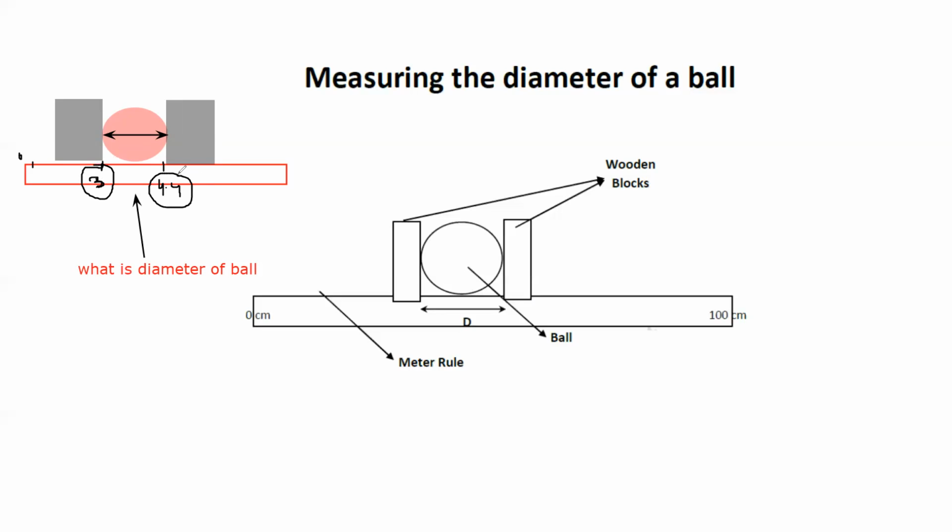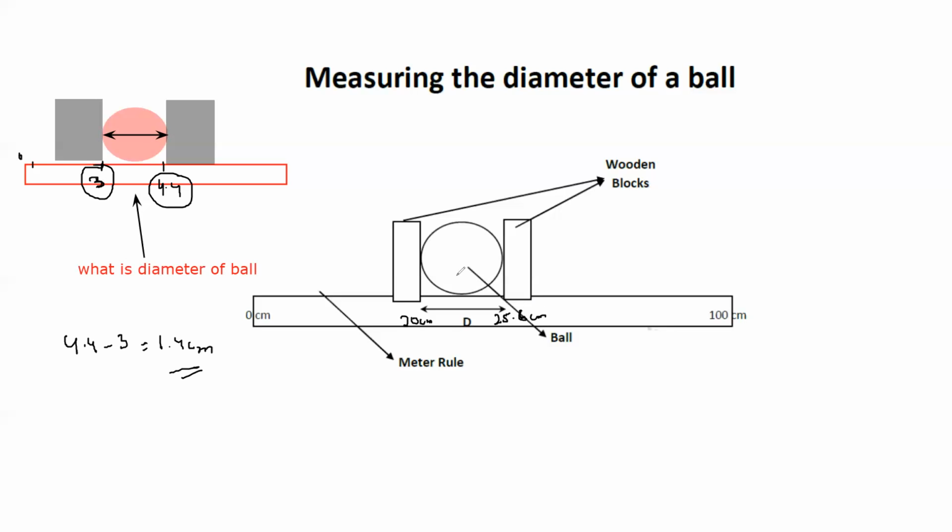So what is the difference here? Because the scale is not starting from 0, it is starting from 3 and ending at 4.4, so it will be 4.4 minus 3, which equals 1.4 centimeters. And in another example, say it started at 20 centimeters and ended at 25.6 centimeters.